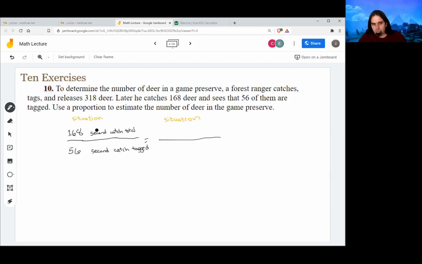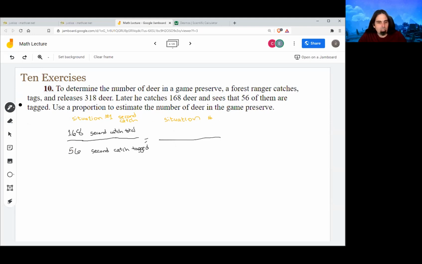So I want this situation, number 1, to be the second catch. If my situation on the other side was the first catch, that wouldn't work well. I'd have 318 in both spots. Does that make sense? That's the total and tagged for the first catch. So that's not right.